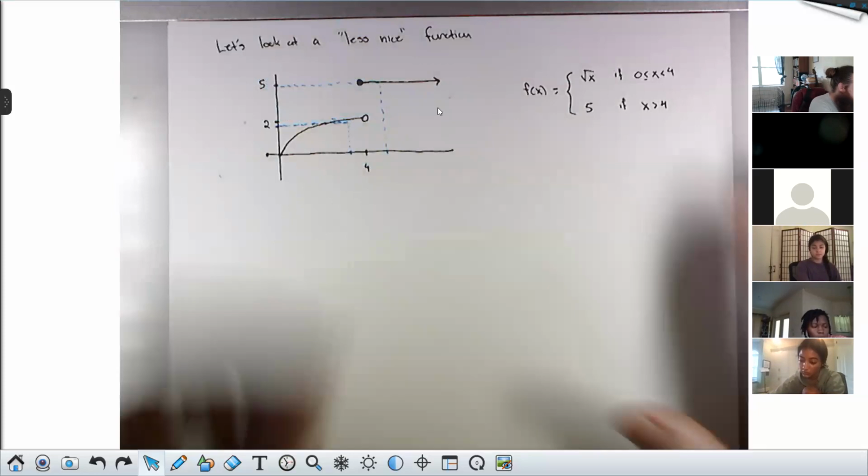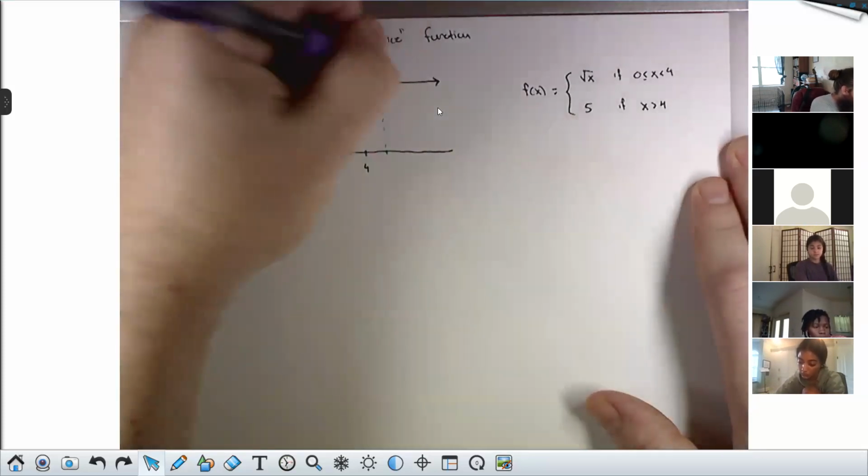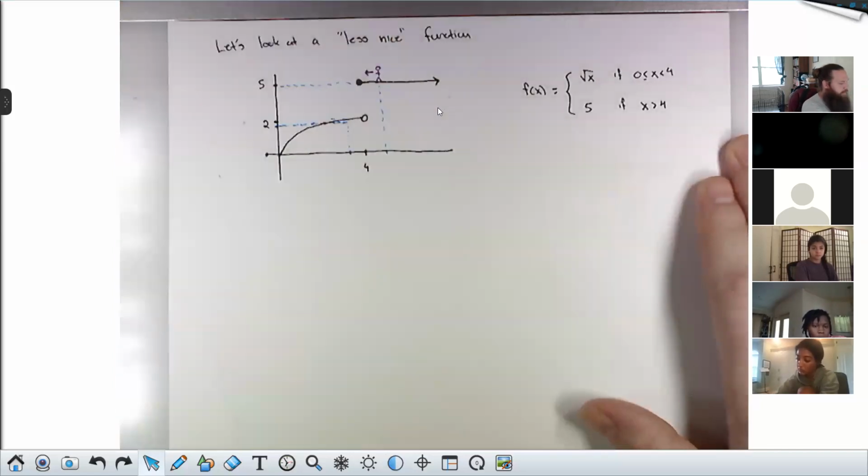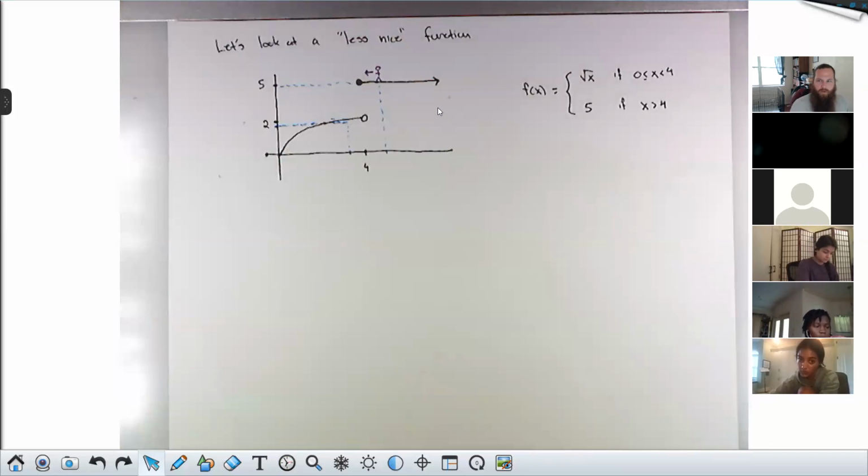Another way to say that is if you imagine your little guy walking along the graph with his x value getting closer and closer to 4, his y value doesn't get closer and closer to 2.